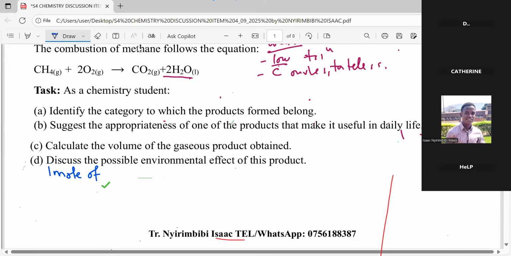But here we see the substance CH4 reacting with oxygen. So okay, 1 mole of CH4 reacted to form 1 mole of carbon dioxide. I continue: reacted to form 1 mole.